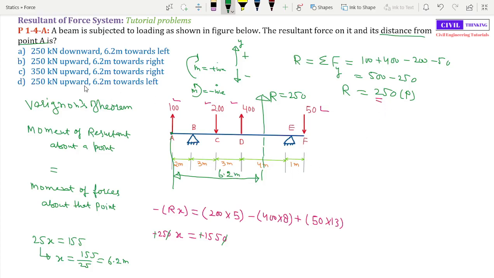We have 250 upwards, so B or D can be correct. It is at a distance of 6.2 meters towards the right of A, since the resultant is towards the right of A. So option B is correct. This is how we solve this problem.